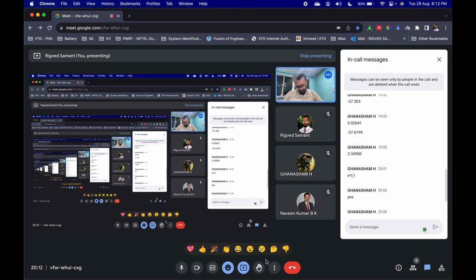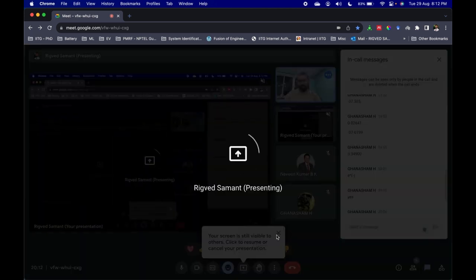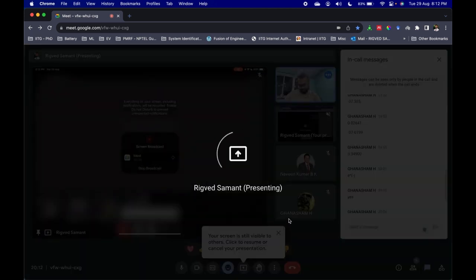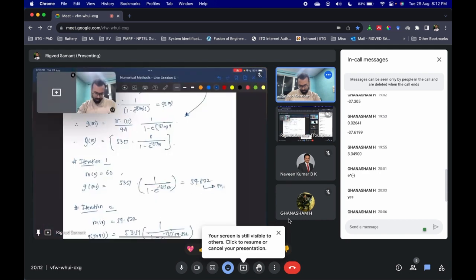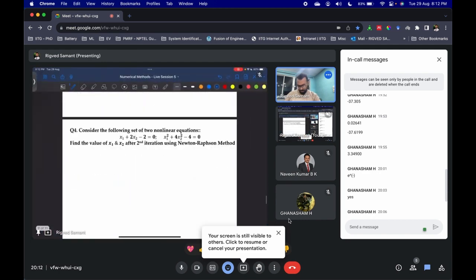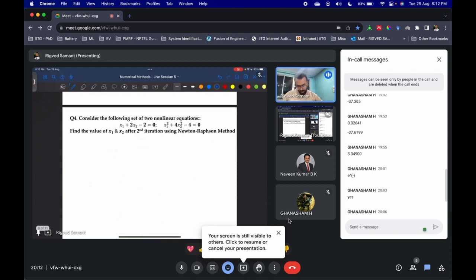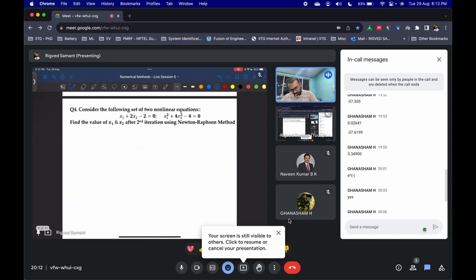Next is the fourth question. The question is, consider the following set of two nonlinear equations. So now we are talking about two nonlinear equations.